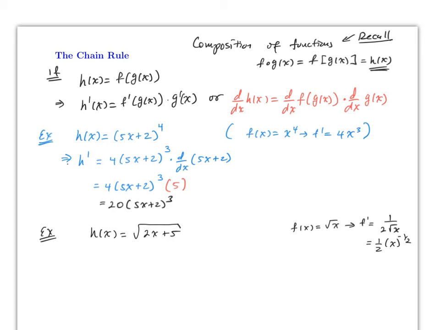Alright, so therefore, h prime is going to be 1/2 (2x plus 5) to the negative 1/2, which represents this part. So we're still doing this. The extra part is that now you have to take the derivative of whatever is inside. So times the derivative with respect to x of the inside.